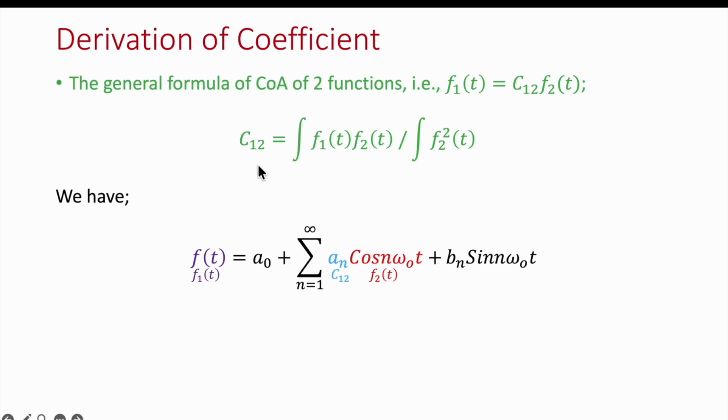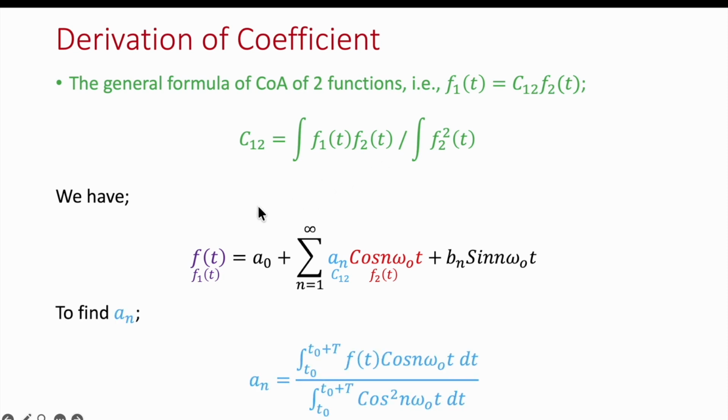In order to calculate a n, because we know the coefficient of approximation can be calculated using this formula, similarly, in the same manner, to find the value of a n we will use this formula.